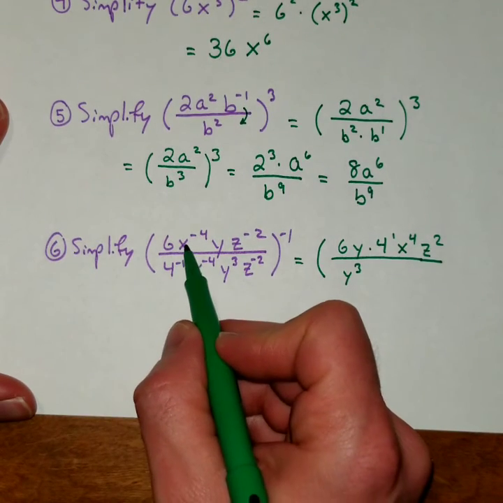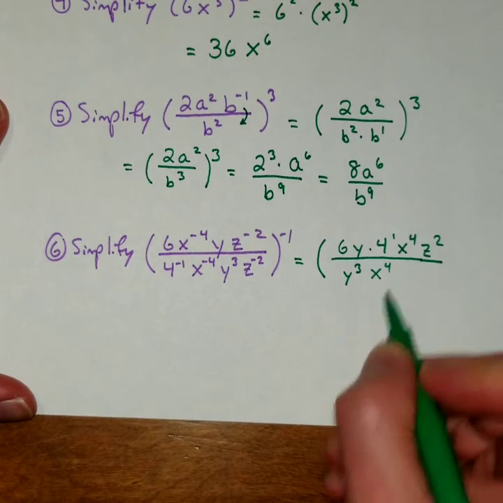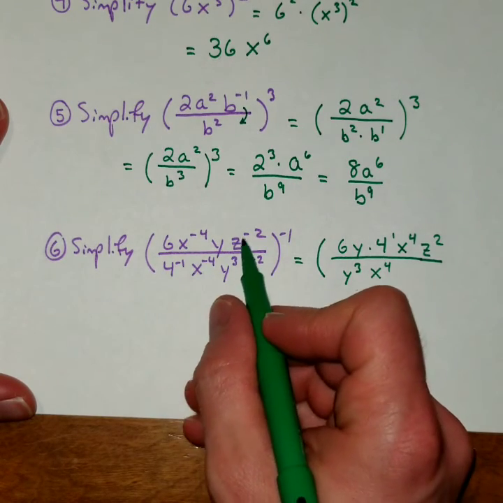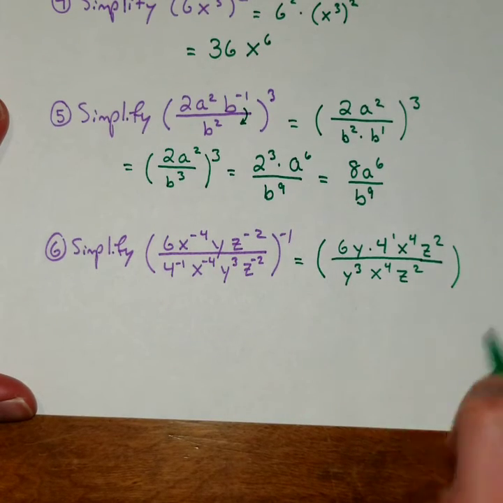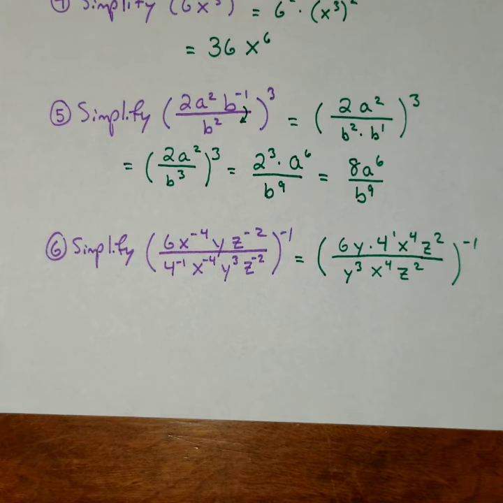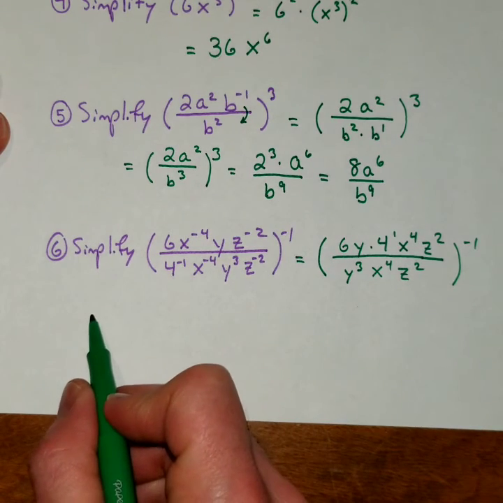Now on the bottom, this x to the minus 4 becomes an x to the 4 on the bottom. And this z to the minus 2 becomes z to the 2 on the bottom.